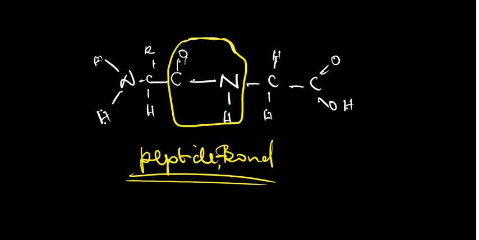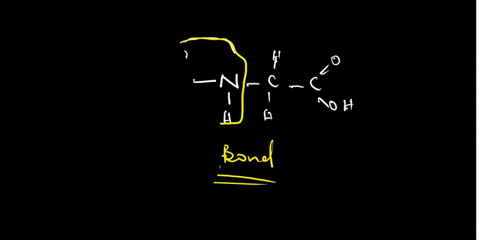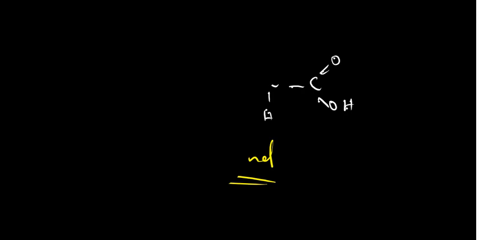Alright, so let me just highlight one more thing. When we have so many amino acids being joined through these peptide bonds, we call them a polypeptide. Okay, that's what we call it. So the next thing I want us to learn is how these amino acids actually form these polypeptides.